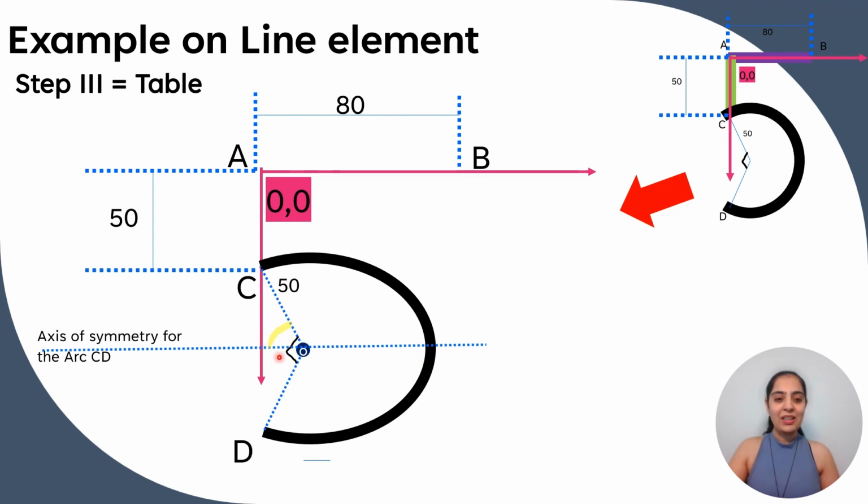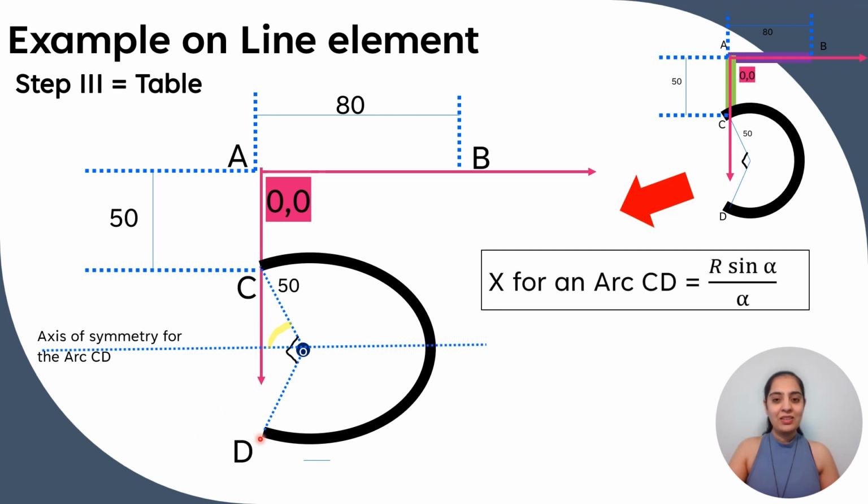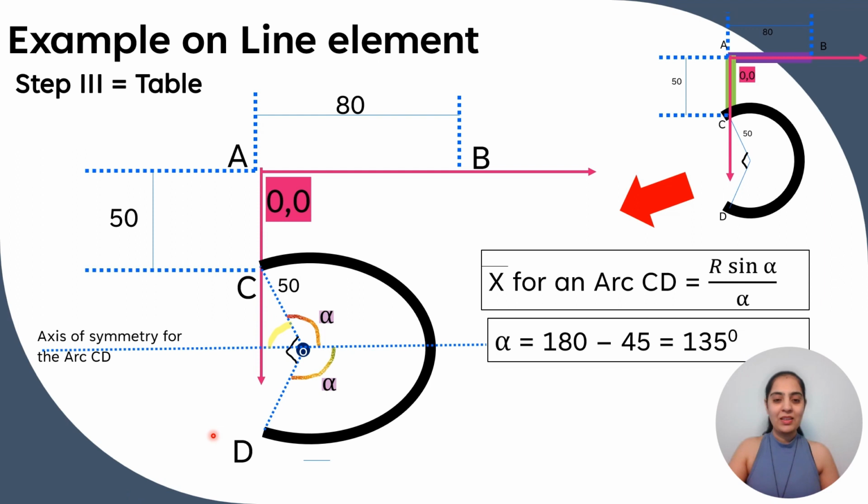And we know this angle is 90 degrees. So this yellow marked angle is 45 degrees. And what is alpha? This is alpha, from the axis of symmetry to the radius OC. So alpha is equal to 180 degrees minus 45, which is equal to 135 degrees.